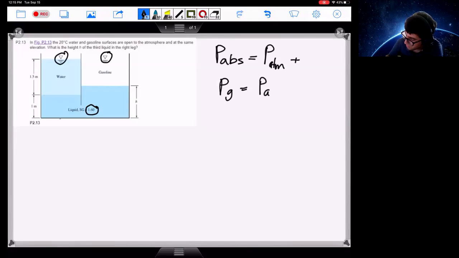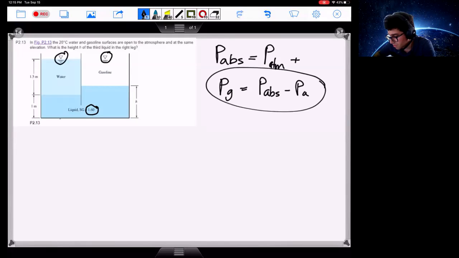Exactly. P absolute minus PA. And PA is what? The atmospheric pressure, right? Great. So let's go with this formula. I think the two formulas are the same, really. If you solve for P absolute, this is P gauge. You guys understand this formula?